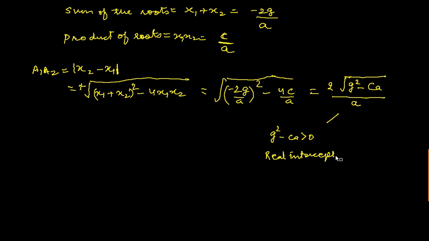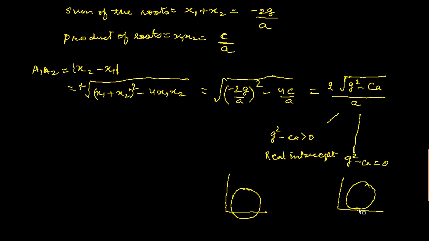It means that circle is actually making an intercept on x-axis, something like this, right? And if g square minus ca is equal to 0, it means that circle is touching x-axis.